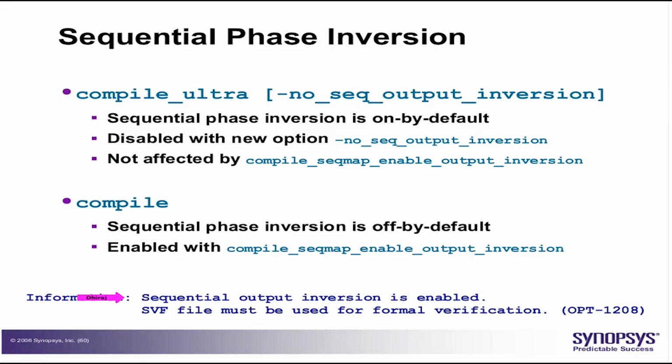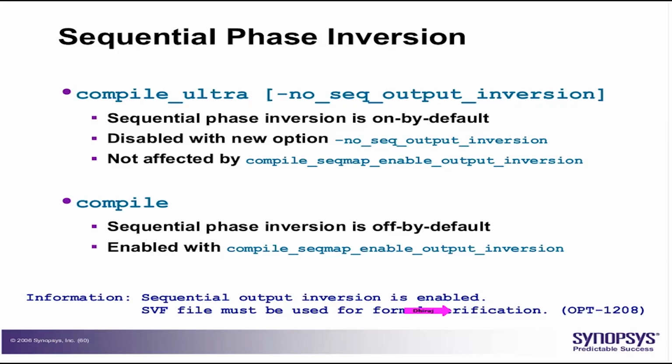We'll have a couple of lectures on Formality, and we'll see what it means and how it creates a problem. Whenever you implement this sequential output inversion, it will give a warning or information that sequential output inversion is enabled and an SVF file must be used for formal verification.